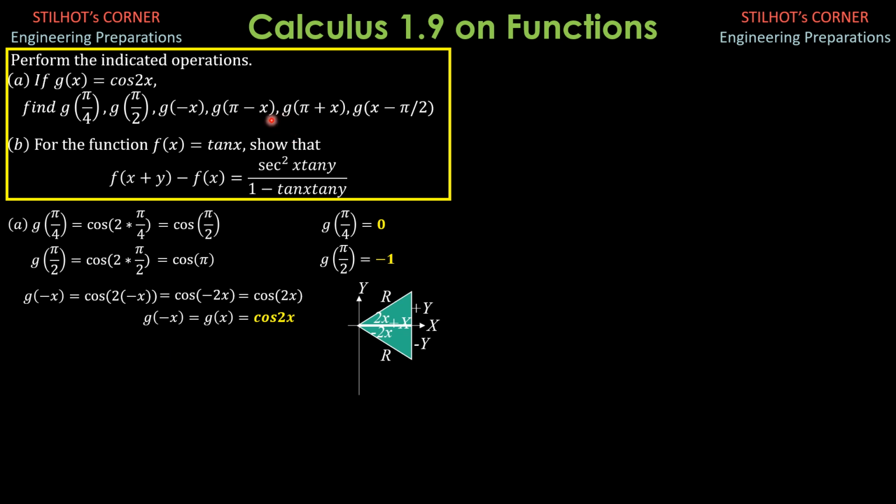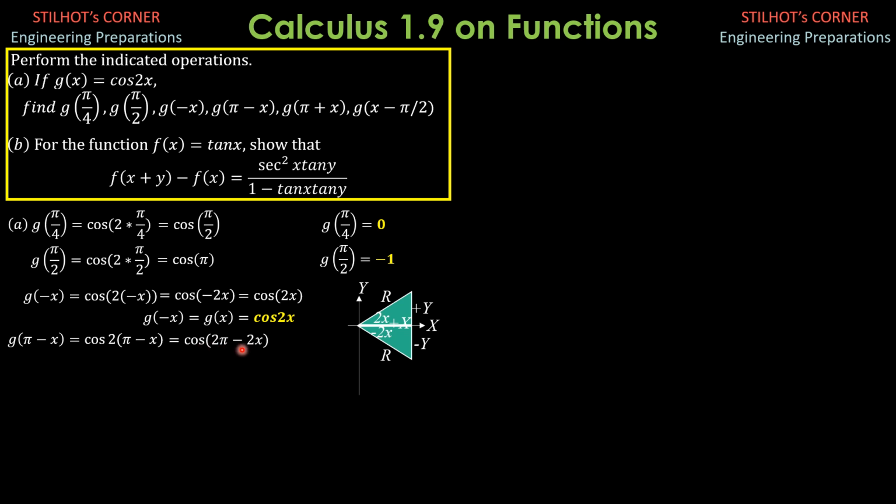Next, g of pi minus x is cosine of 2 times pi minus x. So this is cosine of quantity 2 pi minus 2x. And cosine of 2 pi minus 2x is like cosine of alpha minus beta. Remember the expansion for difference of angles for cosines: cosine alpha cosine beta plus sine alpha sine beta.